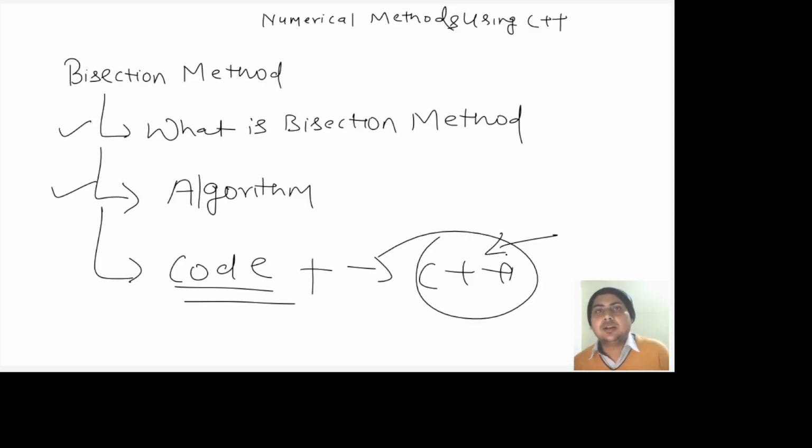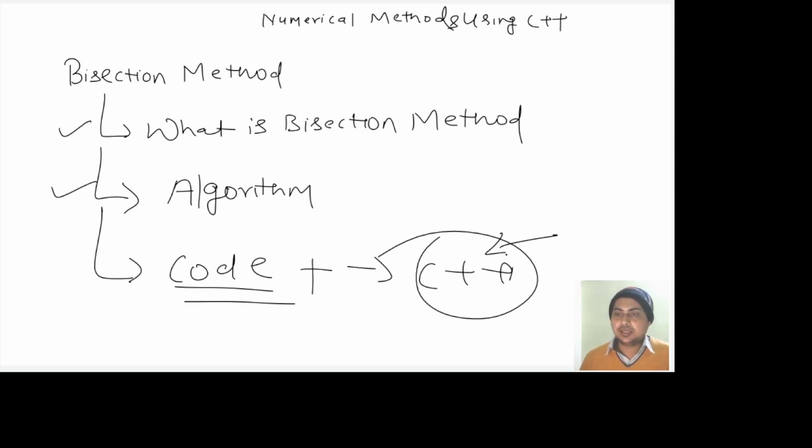These two tools are basically required if you go for further advanced study in any domain like CFD. So in future you can develop your own codes. Let's say in the case of CFD, you can develop your own solvers using these methods. So this is the broad motivation for this series.